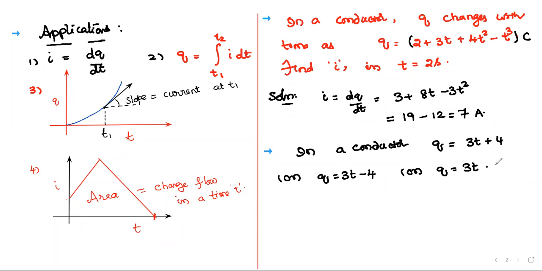These are easy questions. Right? So I equals how much? If they ask, no need to go to differentiation even. Directly you can say slope is 3. Slope is 3 means slope is current. That implies I equals 3. If they are in coulombs, I equals 3 amps.